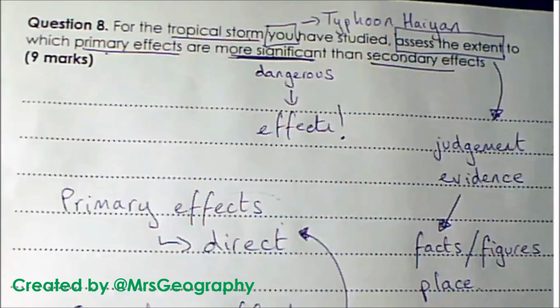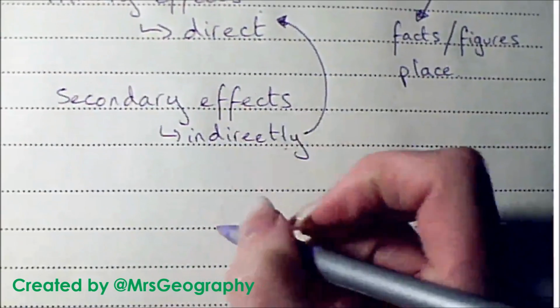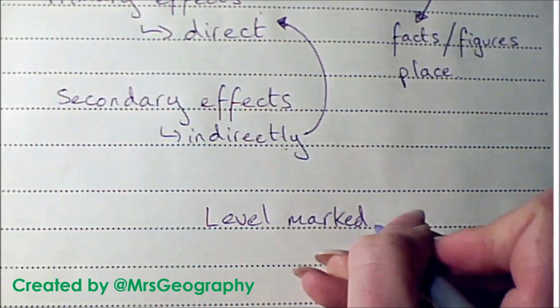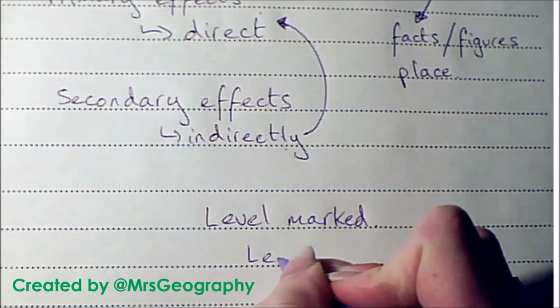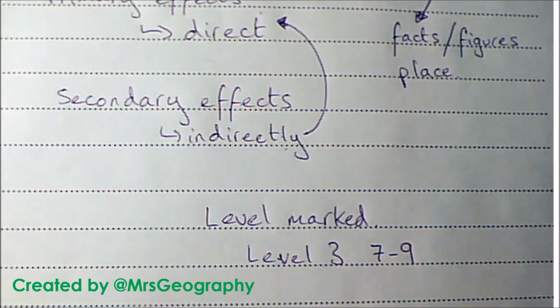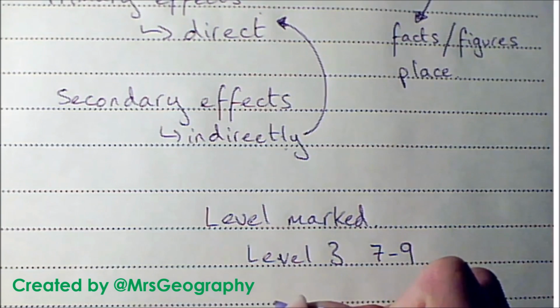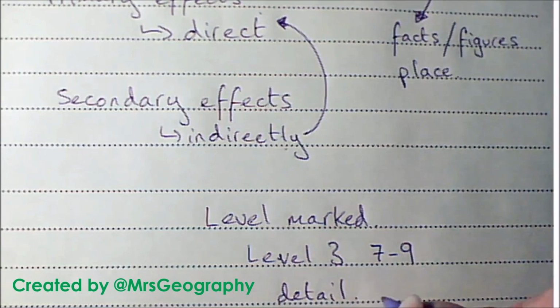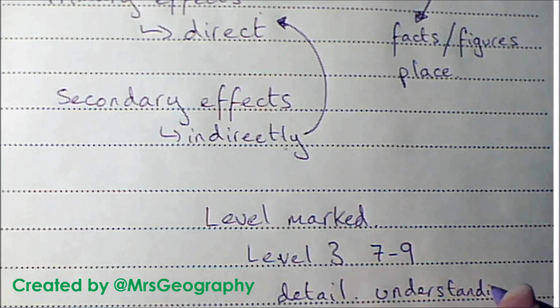So, 9-mark question. We know a 9-mark question is level marked. We know for a level 3 answer, which is between 7 and 9 marks, we have to not only provide detail, we not only need to show our understanding, but we also need to apply our knowledge to the question.